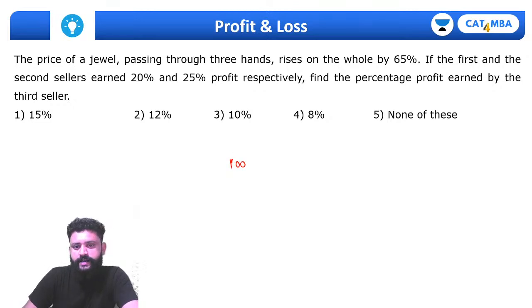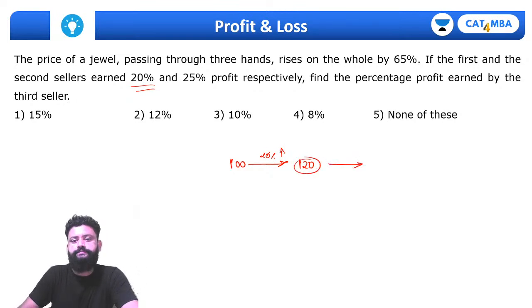So if the price is 100, initially, if it is 100, the first seller sells to the second and earns 20%, so it must be 120. Now it was 20% of 100, but for the next seller his cost is 120.